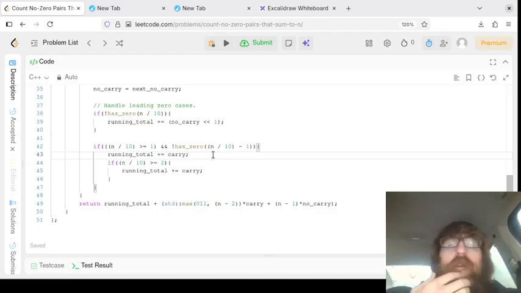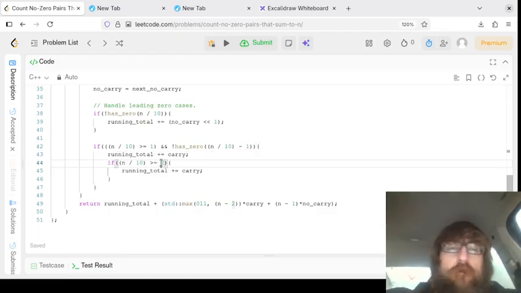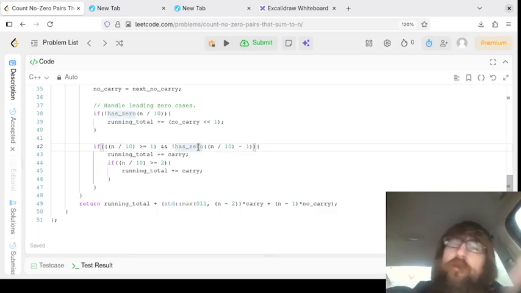So in the carry case, or excuse me, if this n divided by 10 is a 1, then this is going to be has 0 of 0, which you might think should return true, but actually returns false. Then this is negated, which is true.